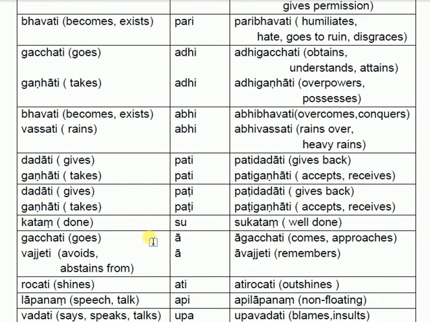Right here we have gacchati goes, adi prefix adi, then adhigacchati obtains, understands or attains. And ganhati, then we add prefix adhi, then adhiganhati overpowers or possesses, overpowers.